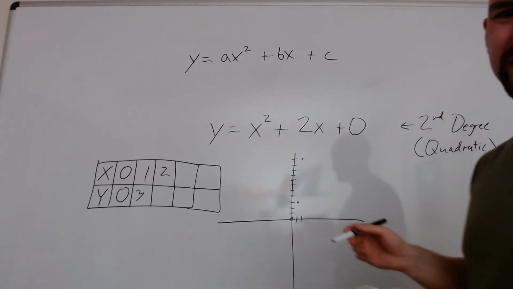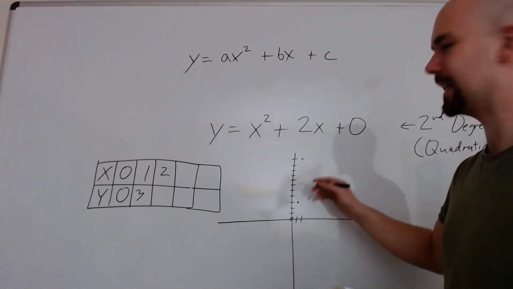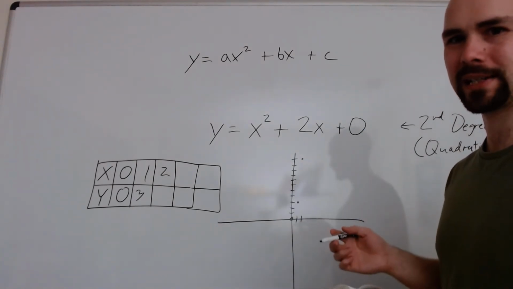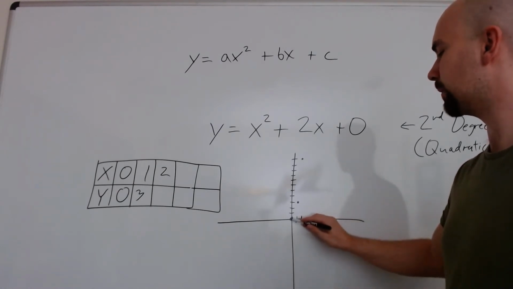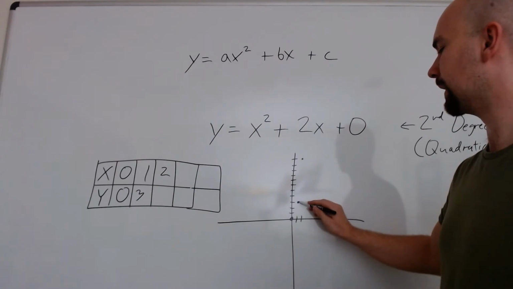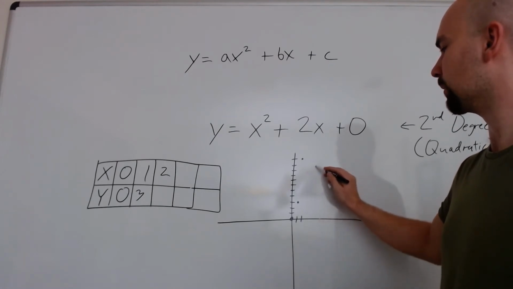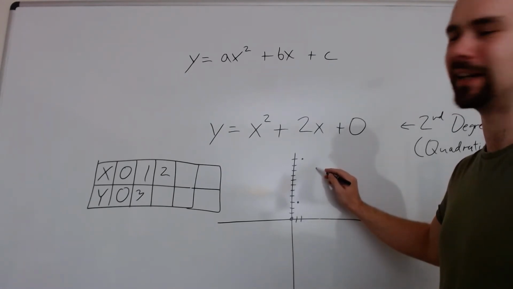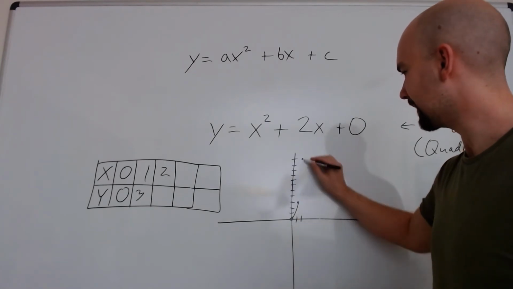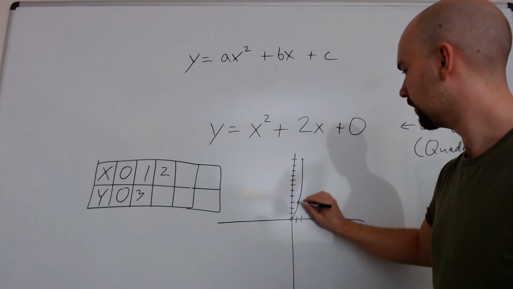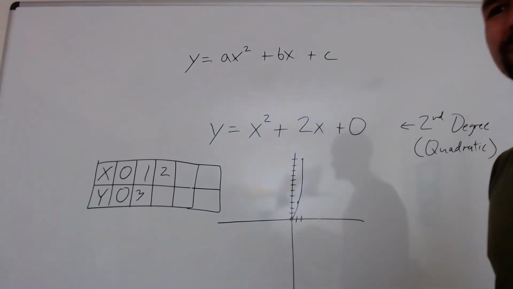Because before, when we had a linear equation, we had a rise over run, we had y equals 3x minus 4, that's what it was. And so our rise over run was up 3 over 1, then up 3 over 1, up 3 over 1. Does this look like it's going in a straight line? No, we went up 3 over 1, and then we went up 8 over 1. So it's making a curve.